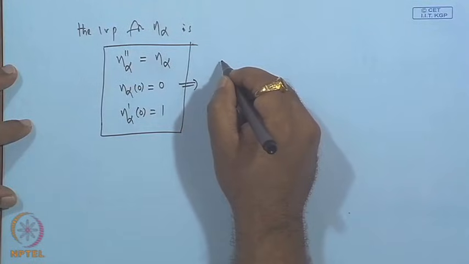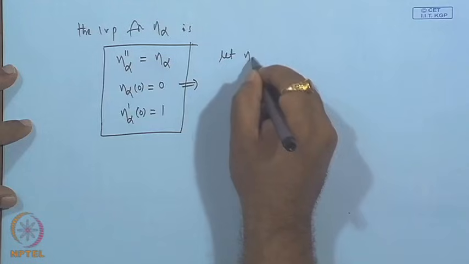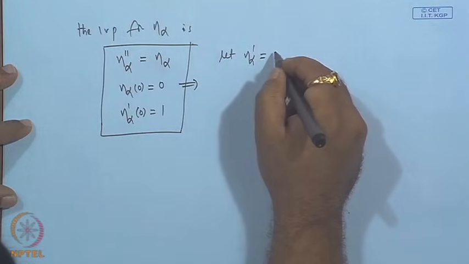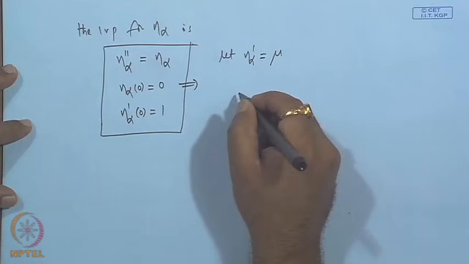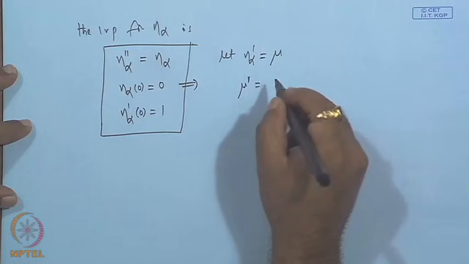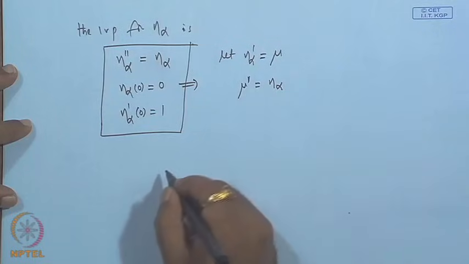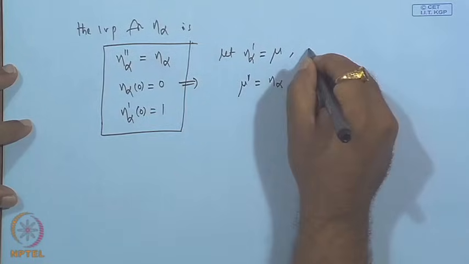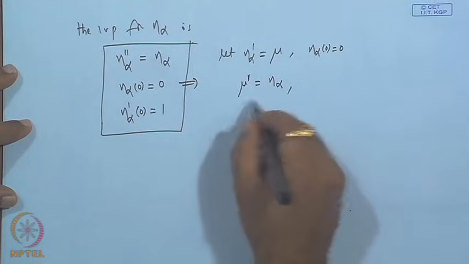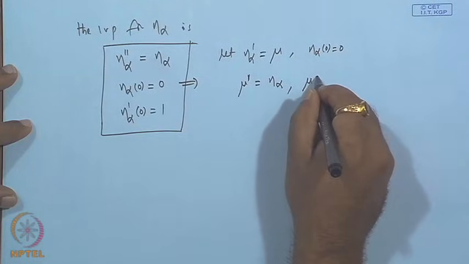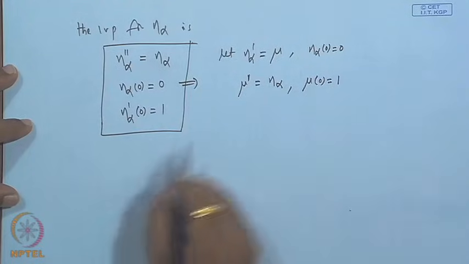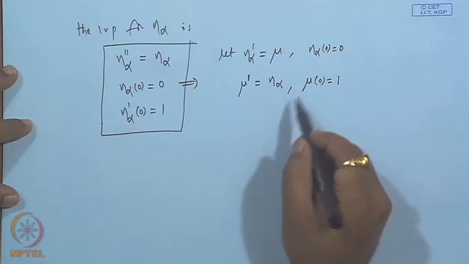Again, system: let eta alpha be some eta, and mu is eta prime. Then mu prime is eta alpha. So, this is our system.